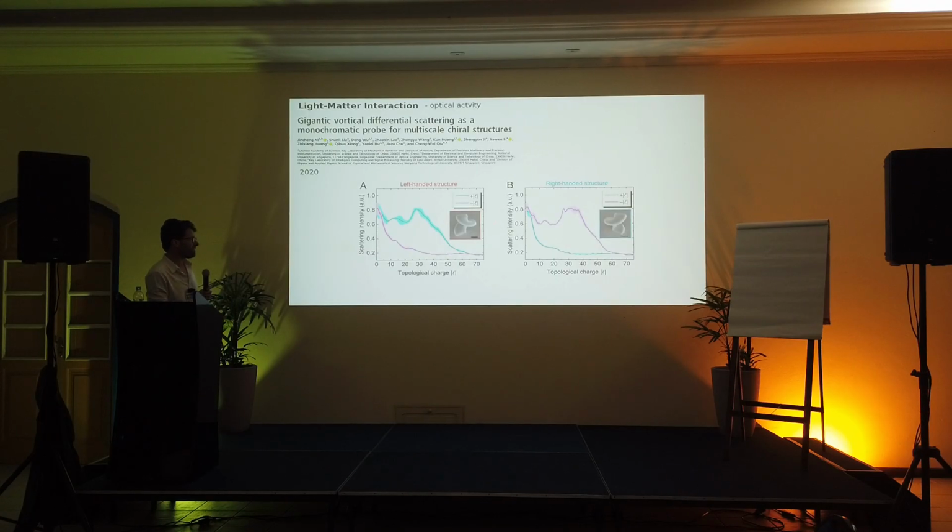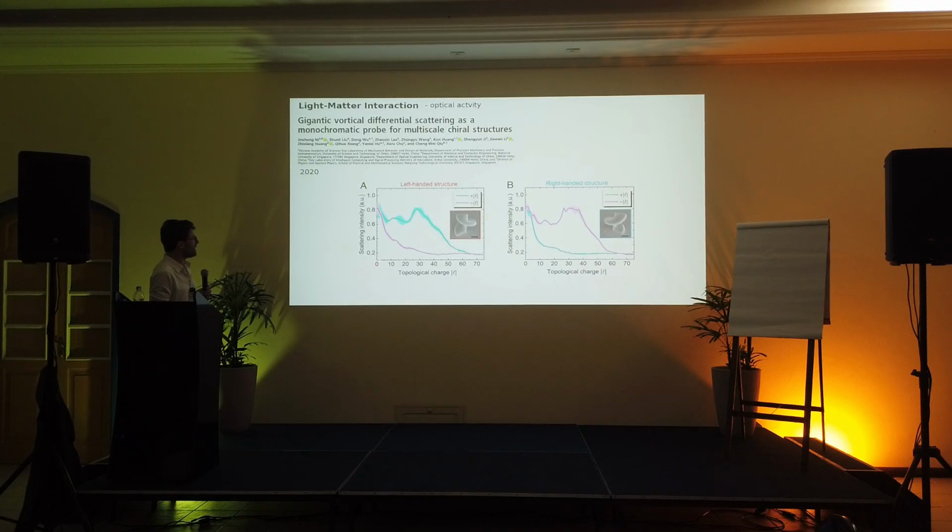If not, never mind. It's more or less the size of the wavelength, and they're focusing light on this, and what they basically see is the scattering intensity, and they see that the scattering intensity changes for the right-hand side version with respect to the left-hand side version, depending on the orbital angular momentum of the beam that's impinging.